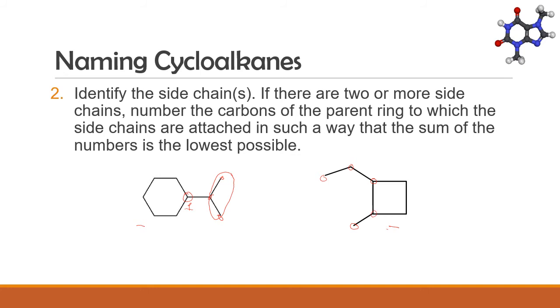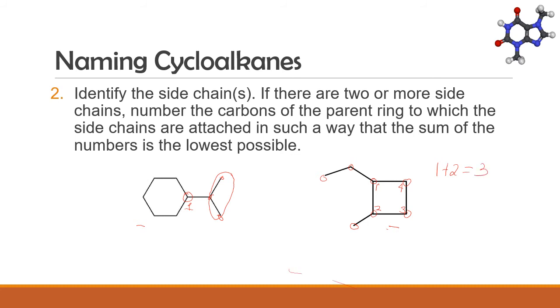Do we number clockwise or counterclockwise? According to the rule, the sum of the numbers must be the lowest possible. So, if we number this counterclockwise, this would be numbered 1, this would be 2, 3, and 4. So, if we add 1 and 2, it would give us 3.